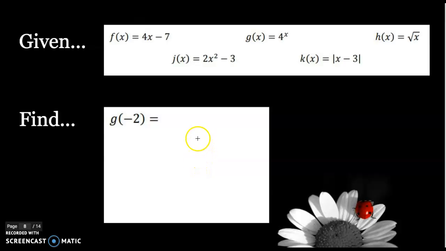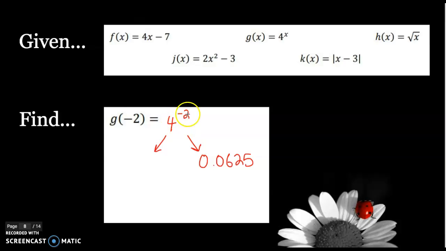All right, go ahead and find g of -2. And now that I'm finding g of -2, I do 4 to the -2nd power, and there's 2 different ways you can do this. You can either just slap it into your calculator and you'll get a decimal. So if I do 4 to the -2 power, I get the decimal 0.0625.